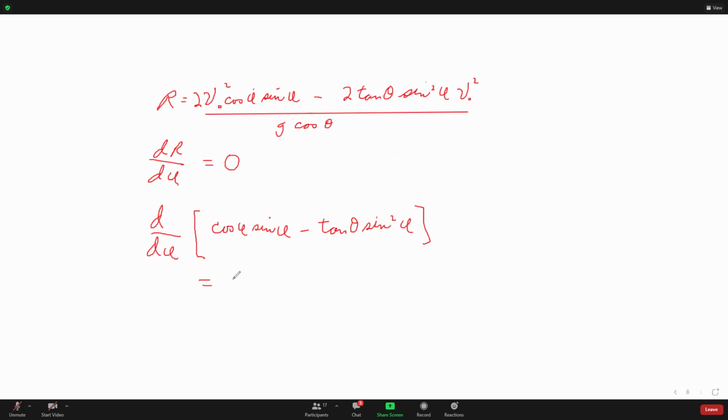So for this first term, it would be negative sine squared phi plus cosine squared phi.